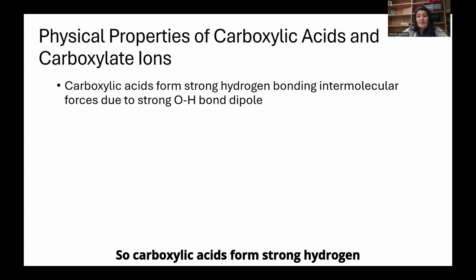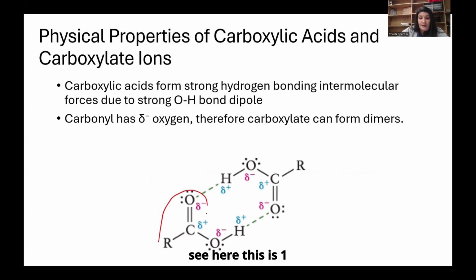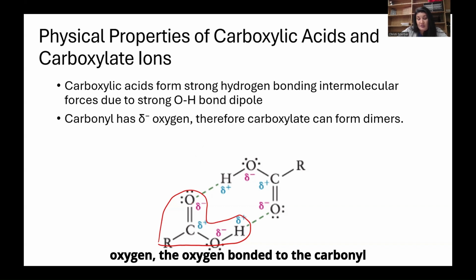So carboxylic acids form strong hydrogen bonding intermolecular forces due to the strong OH bond dipole. The carbonyl has a partially negative oxygen, therefore the carboxylic acid can form dimers. So you can see here, this is one carboxylic acid. You have a partially positive carbon of the carbonyl, partially negative oxygen of the carbonyl, the oxygen bonded to the carbonyl carbon, partially negative oxygen of the hydroxyl group, and the partially positive hydrogen bonded to the oxygen of the hydroxyl group.